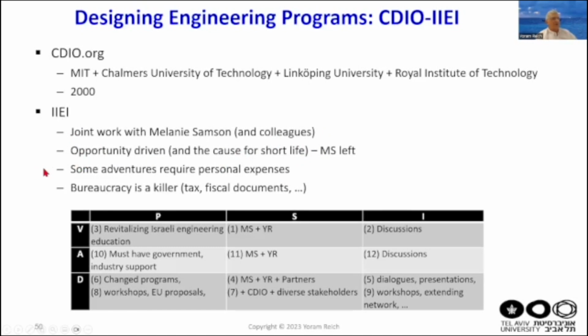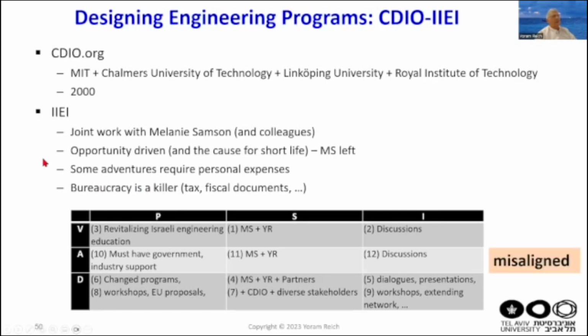I'll later comment on some of these opportunities. Sometimes they go well, sometimes not. This one, for example, lived short because we couldn't keep up with the salary that we needed to pay Melanie, because she was doing it full time. I was volunteering, but she needed to get paid, and it made our operations quite expensive, and we couldn't keep up with that.